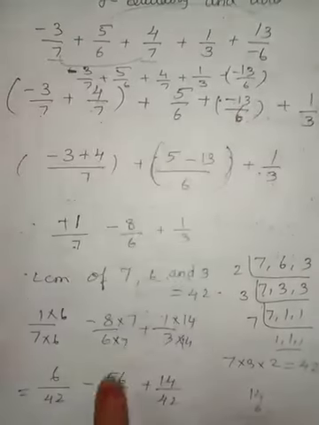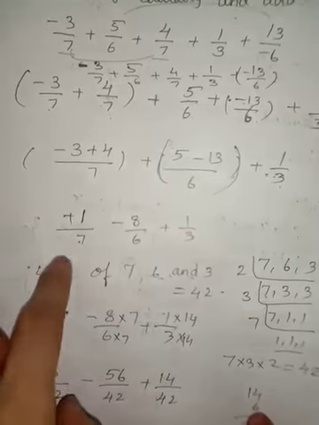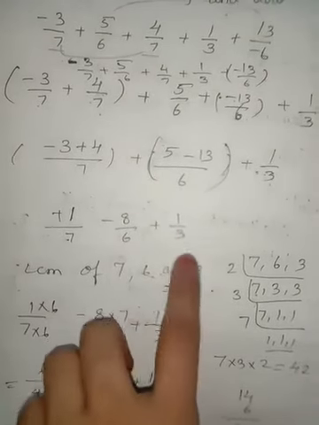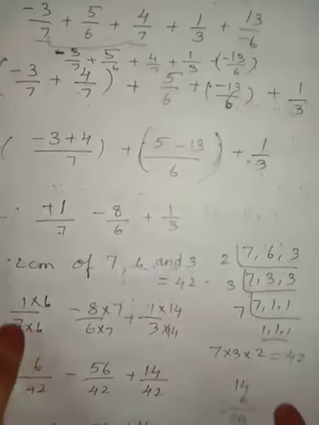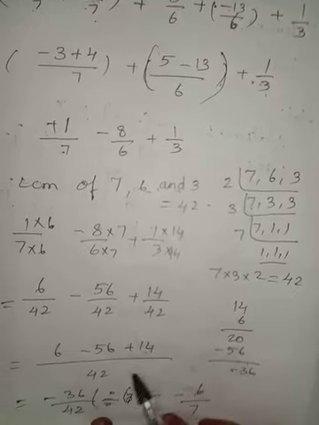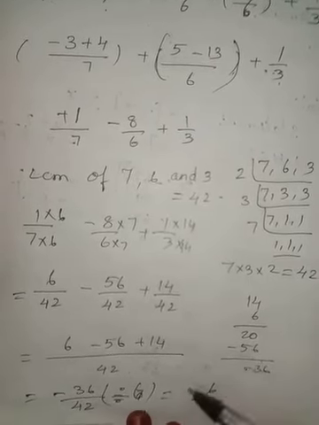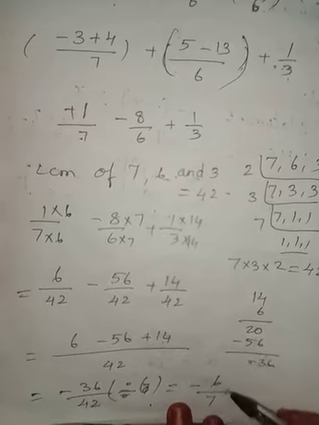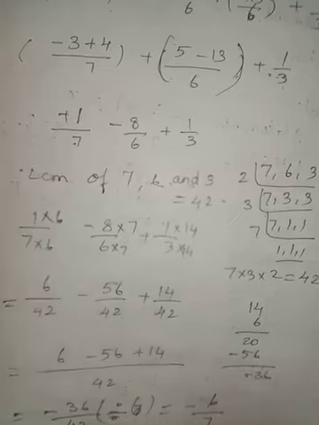Similarly, we add these two, and with the common denominator we get 1 by 7 minus 8 by 6 plus 1 by 3. Here denominators are unlike, so we take the LCM, convert them into equivalent rational numbers, add the numerators with the common denominator and simplify. We get minus 6 by 7 as the answer in the simplest form.